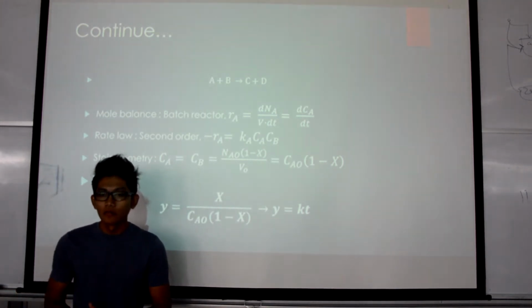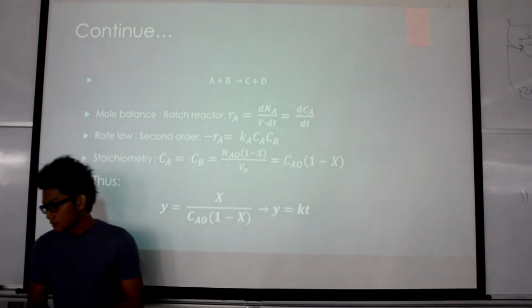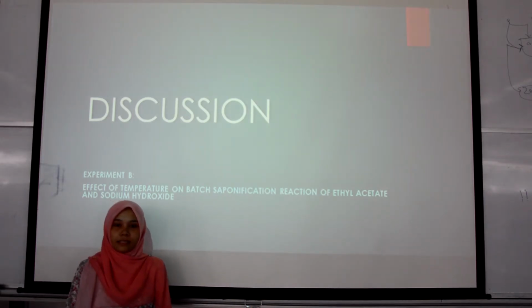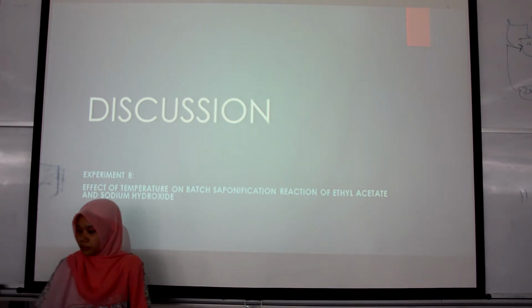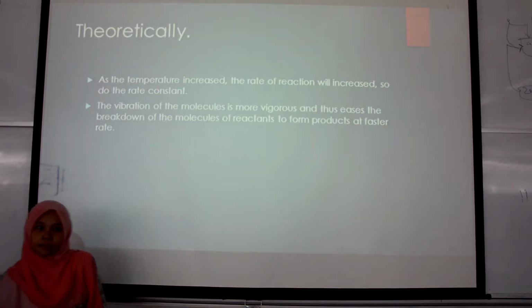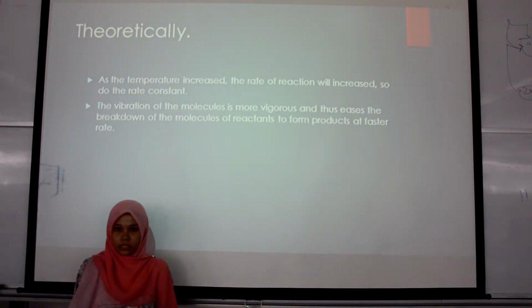We move on to the discussion part. Hi, I'm Nadia and I will continue the discussion. From the discussion, we learned that theoretically the rate constant will increase as the temperature increases.